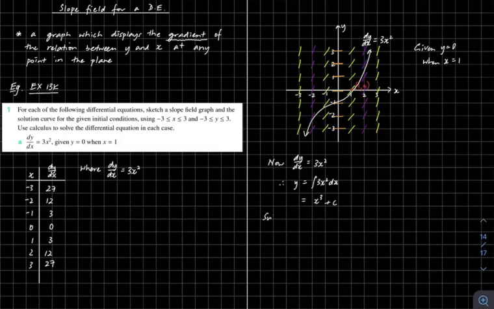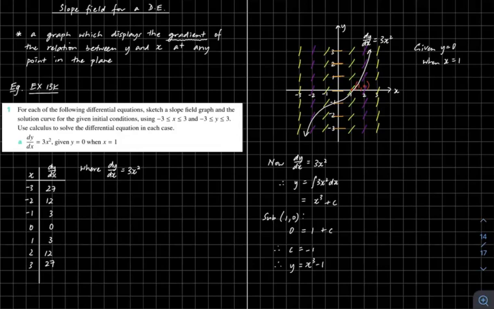And if we substitute in the point we were given, which is (1, 0), then we get 0 equals 1 plus c. c is -1, therefore y is equal to x cubed minus 1. Okay, well that was pretty close to the curve that we drew there, wasn't it? Going down through there and intersecting the y-axis at -1.